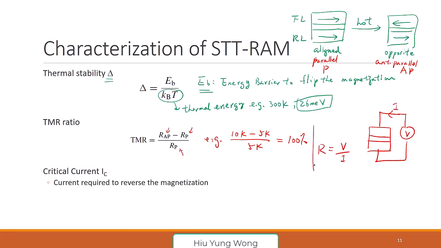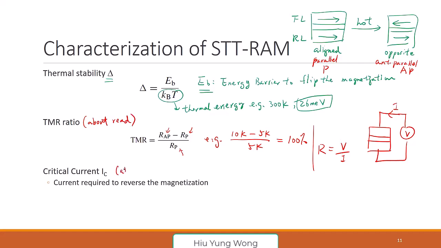This is the resistance of the STT RAM. So when it is parallel, it has lower resistance than when it is anti-parallel. And that is how we distinguish whether it's at 0 or 1. Right? So this is about reading, right? How you read the content of the STT RAM.